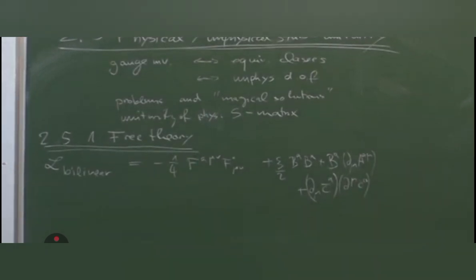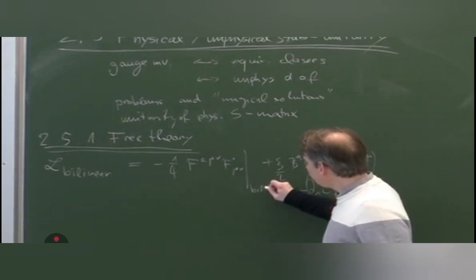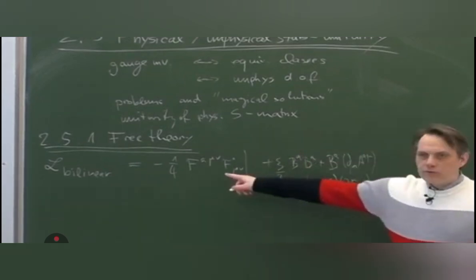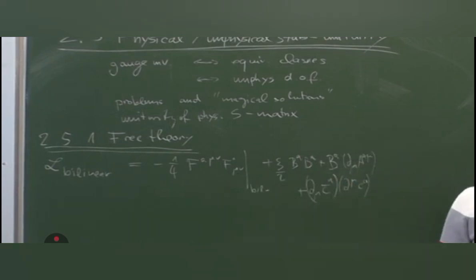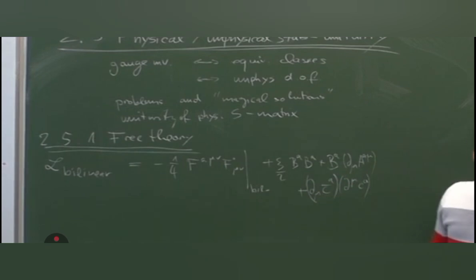This is the free theory, and from this we want to extract the bilinear term. And so the field strength tensor contains higher powers in the field. So from here we need to only take the bilinear part, whereas here everything already is bilinear.